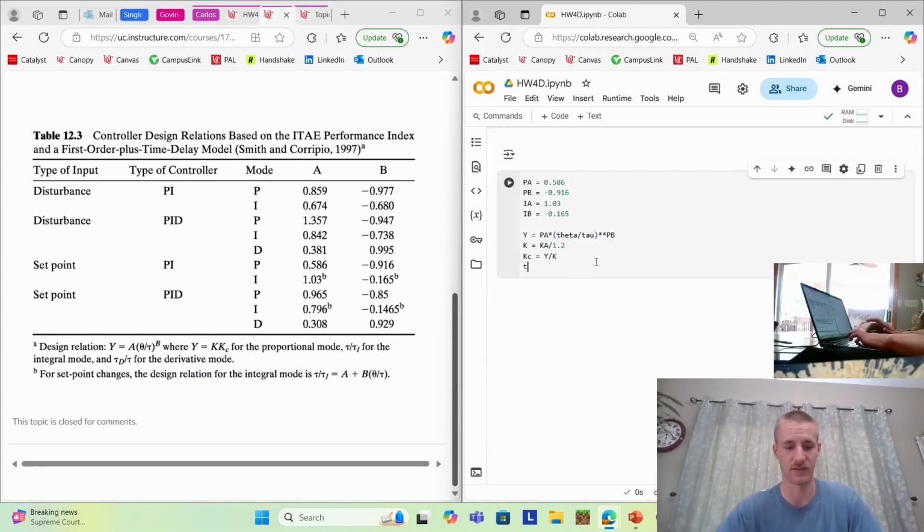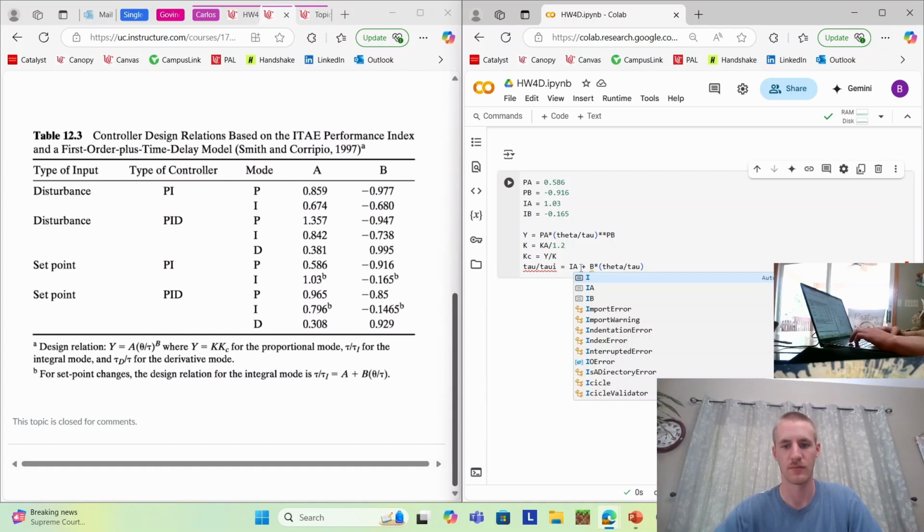And then we have tau over tau I equals A plus B times theta over tau. Oh, sorry. IA plus IB, right? Because this part is for the integral mode.